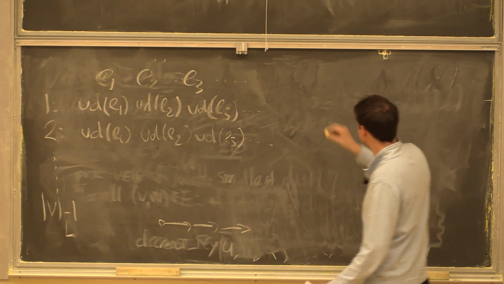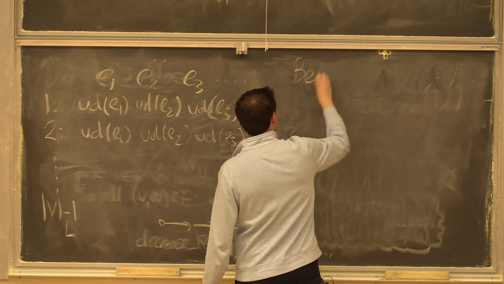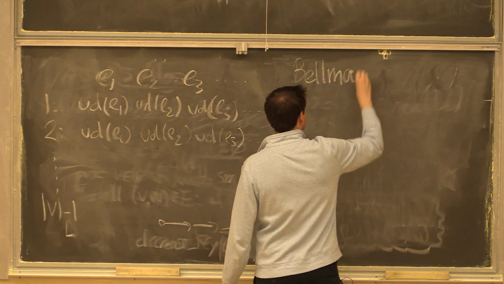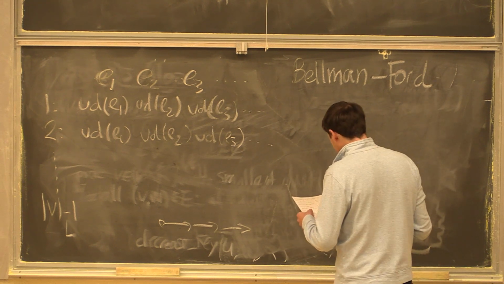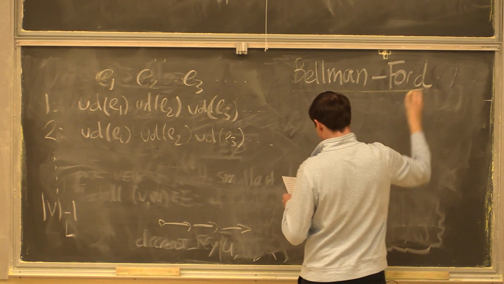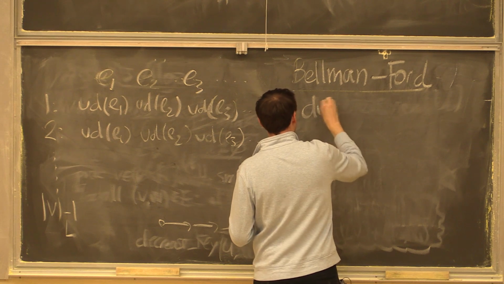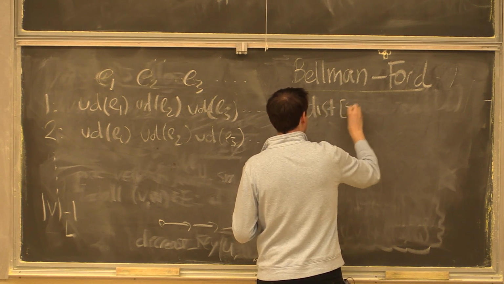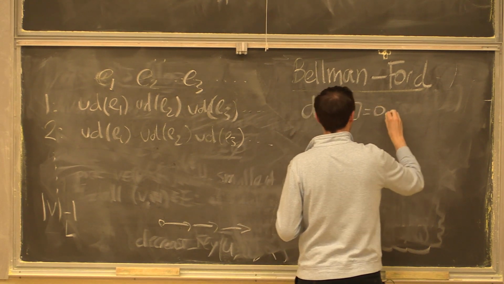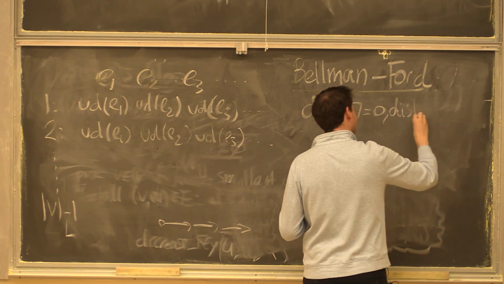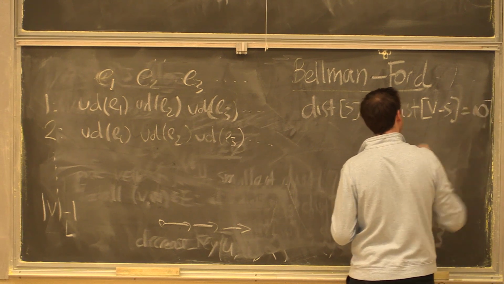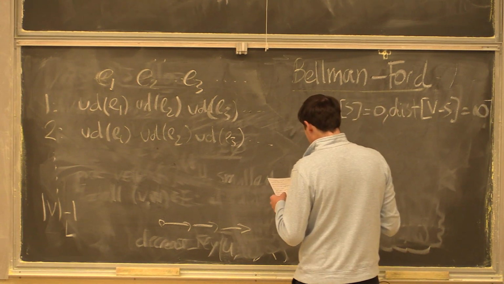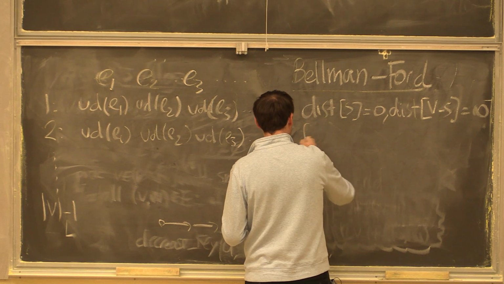All right? So let me write it in code. So Bellman-Ford, we're going to start out our distances for S to be 0, and for the rest, V minus S, to be infinity, like before. And then we're just going to have 2 for loops.